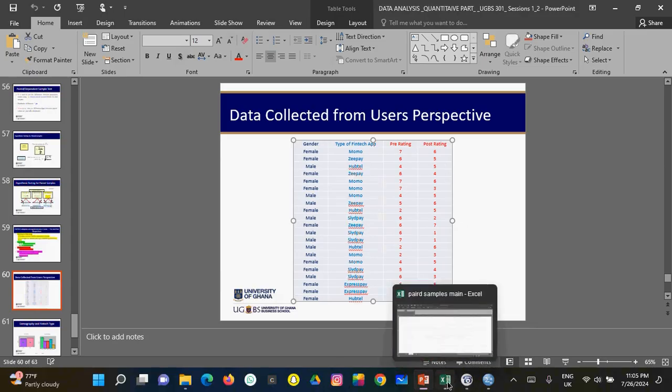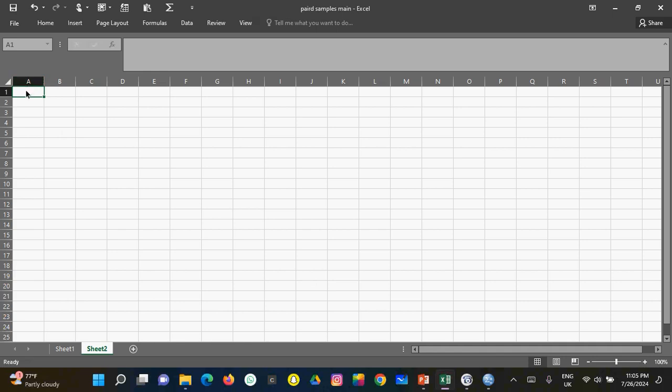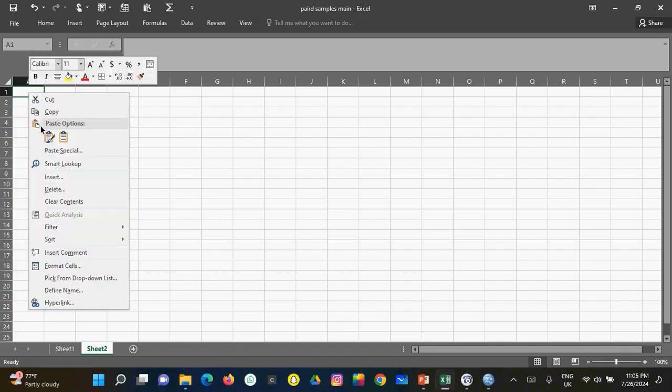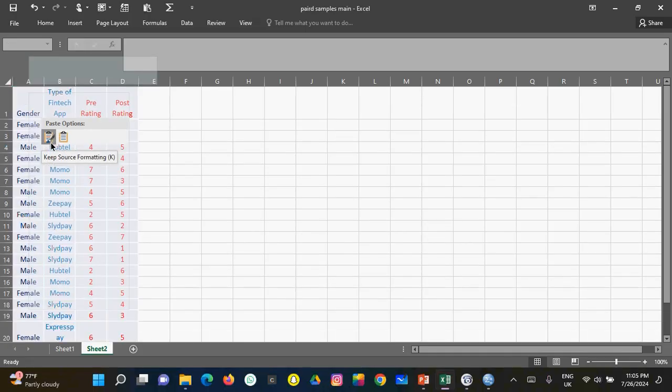Then come to Excel, the first line here, and paste, either with Ctrl+V or by right clicking and clicking paste. Every info which was down there is now in here.